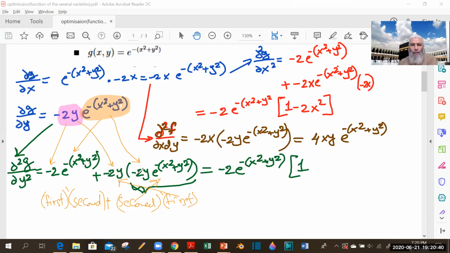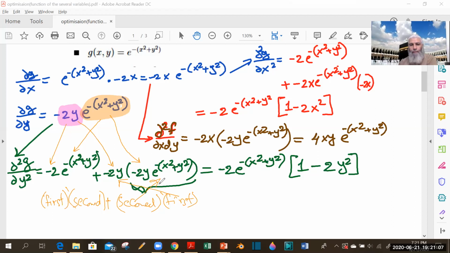This is negative multiply negative is positive, and we took negative common factor, so this is negative. And we have here 2 because this is 4. We will take 2. So we have here y squared. That's it. This is the second derivative with respect to y.